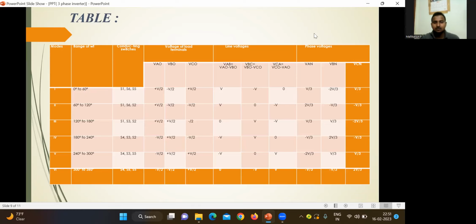And these are the phase voltages VAN, VBN, VCN, and the line voltages VAB, VBC, and VCA. VAB is nothing but VAO minus VBO. VBC is nothing but VBO minus VCO. VCA is equal to VCO minus VAO.